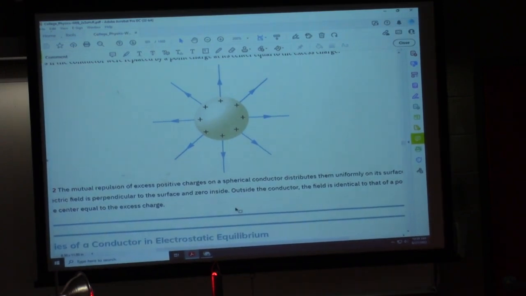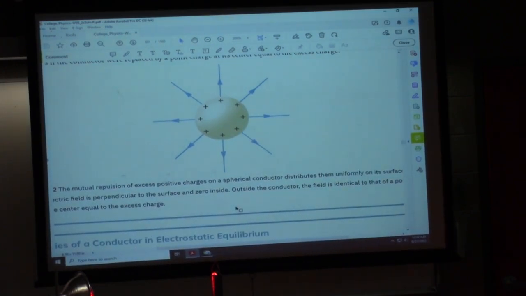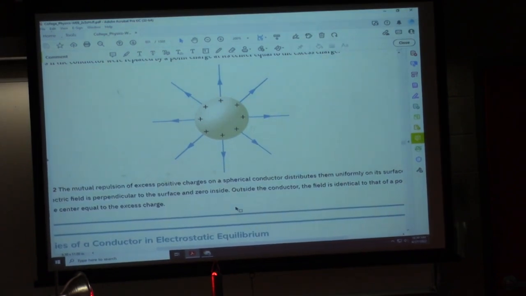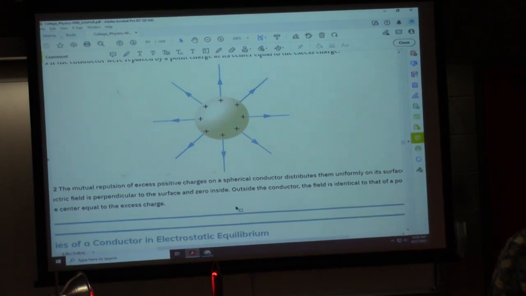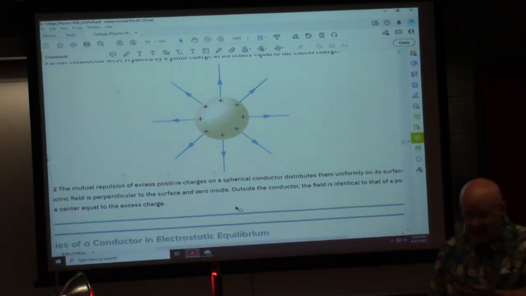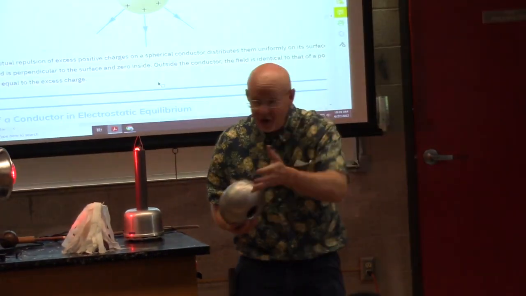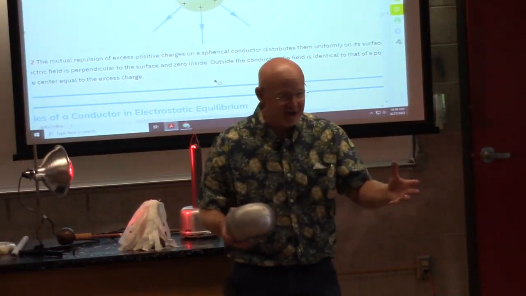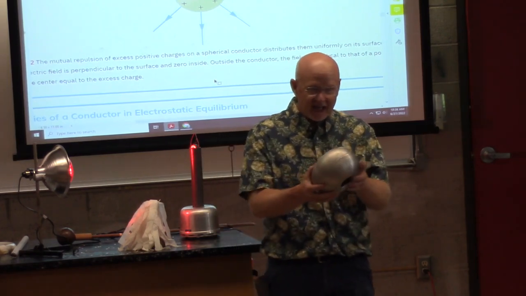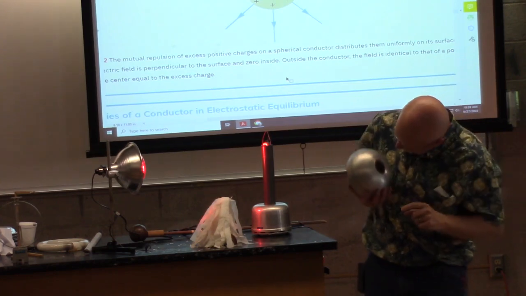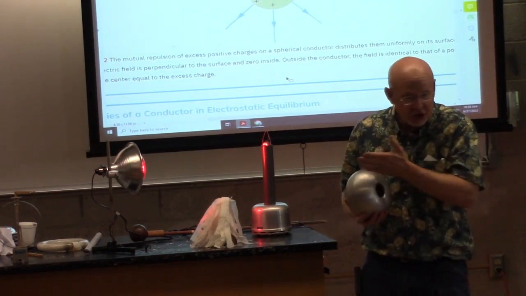Now, the same logic applies inside a conductor: the field is always zero. Again, what if it wasn't? Well, what's the meaning of an electric field? The meaning of an electric field is that it puts a force on charges and moves them around. So if you ever had a conductor and there was a field inside of here, the field would push the charge.